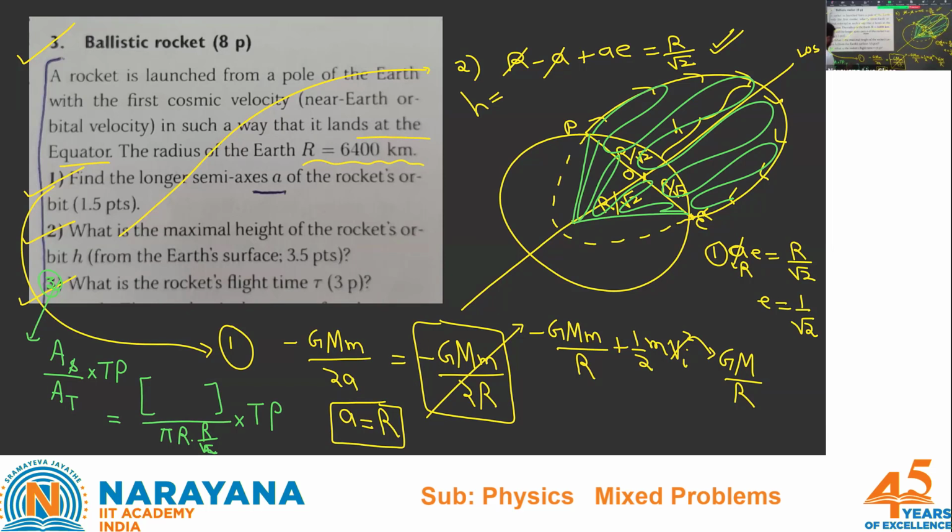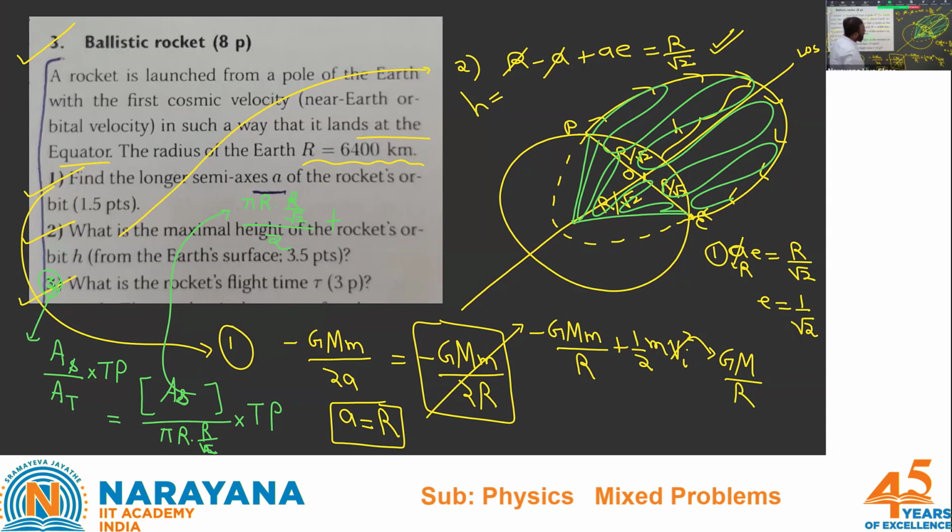So let us write the value of AS. So let us try to write this term carefully, AS term. That is half of this area. So it is pi R by root 2, pi AB term, right? Divided by 2 plus the area of the triangle.